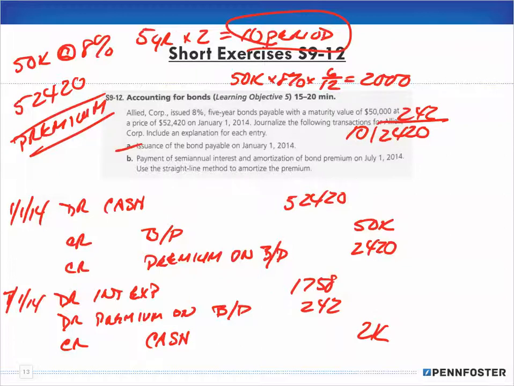Now, notice what I did. If you go back and watch the 9-11 exercise, watch me working it out. It seemed to be a lot more complicated, but this one seemed to be very clean, cut and dried.